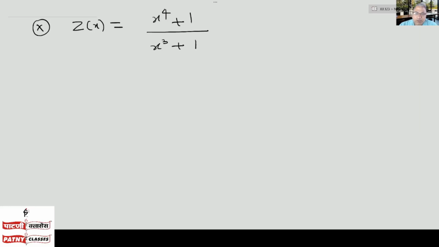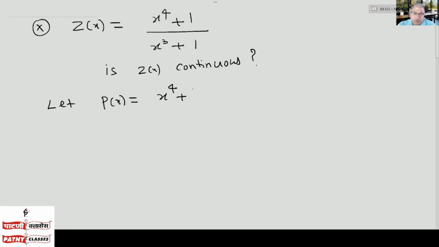If z of x equals x raised to 4 plus 1 upon x cube plus 1, is z of x continuous? Let p of x equal x raised to 4 plus 1 and q of x equal x cube plus 1.